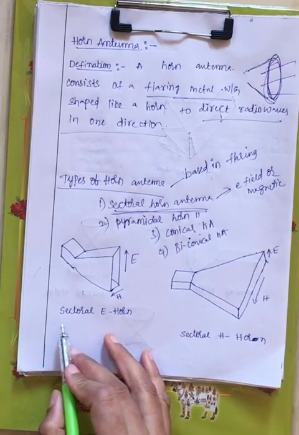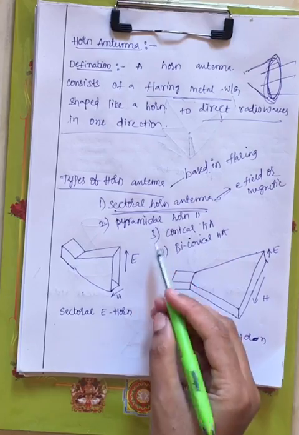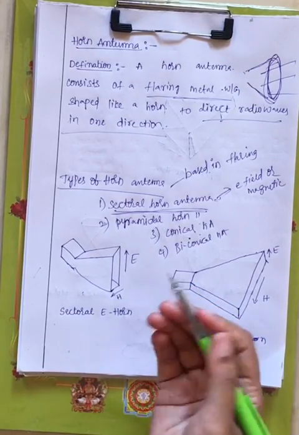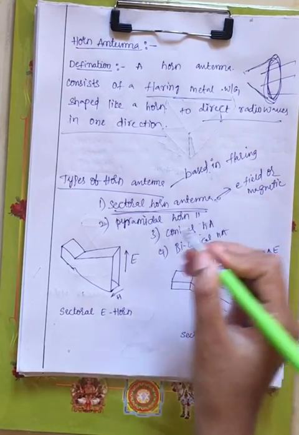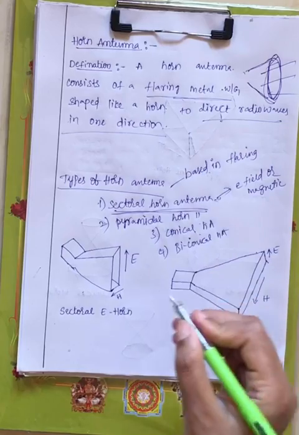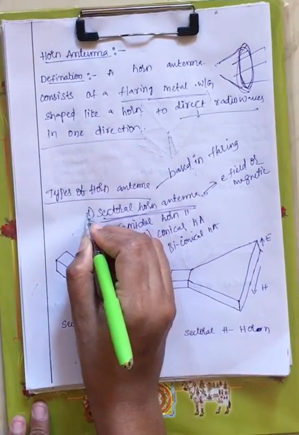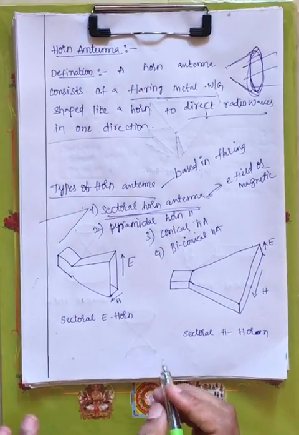Because flaring is done in only one direction, that direction may be either the electric field direction or the magnetic field direction, and it is classified into two types. Here I am writing: sectoral horn antenna is classified into two types.